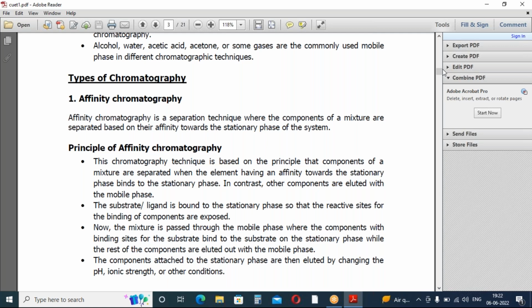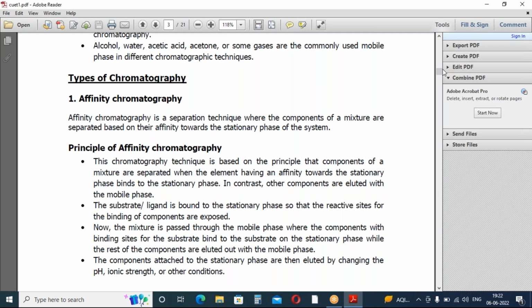Attraction occurs between two phases, that is, between the stationary and mobile phase. For attraction to occur, some attractive particles should be present between the two phases. The principle behind affinity chromatography is the affinity towards the stationary phase of the system.